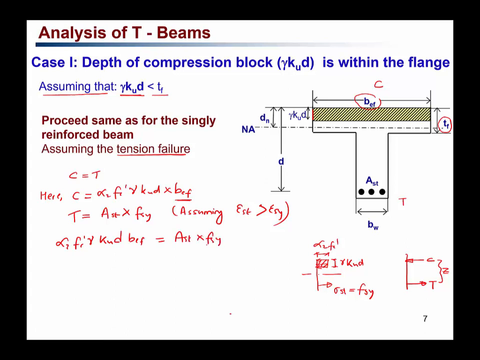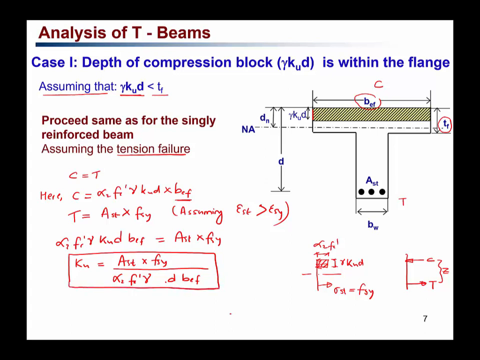Now everything is known in this case, so we can compute the neutral axis depth parameter KU. This equation gives us the neutral axis depth parameter for the case when your equivalent stress block depth falls within the depth of the slab.